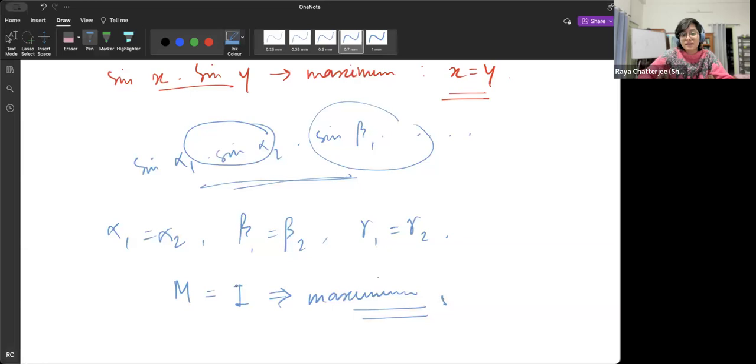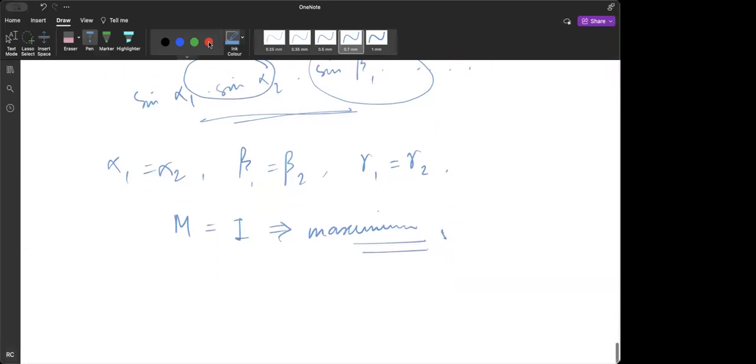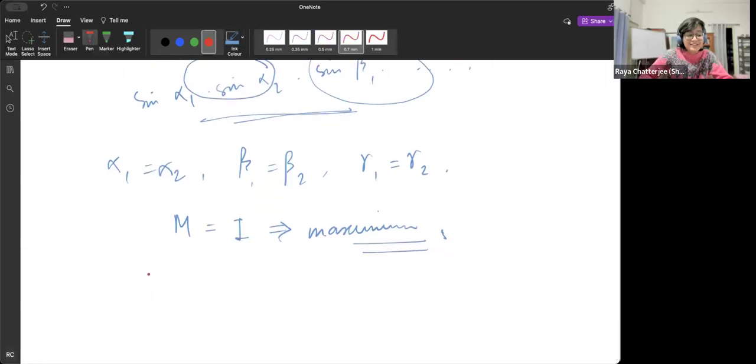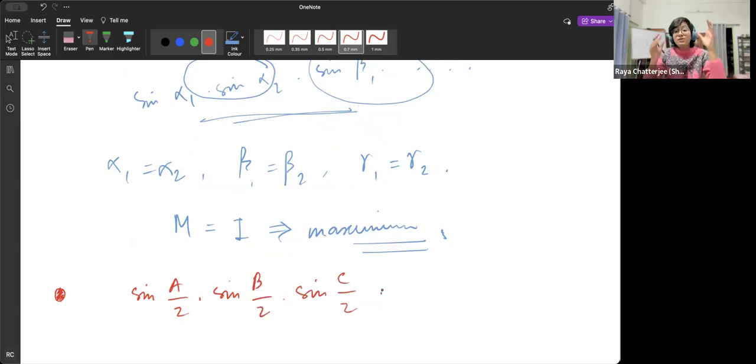Why is everybody so quiet? Okay, we have another identity, sine A/2 times sine B/2 times sine C/2. Since this is the incenter, we need to maximize this, in order to maximize what has been asked.